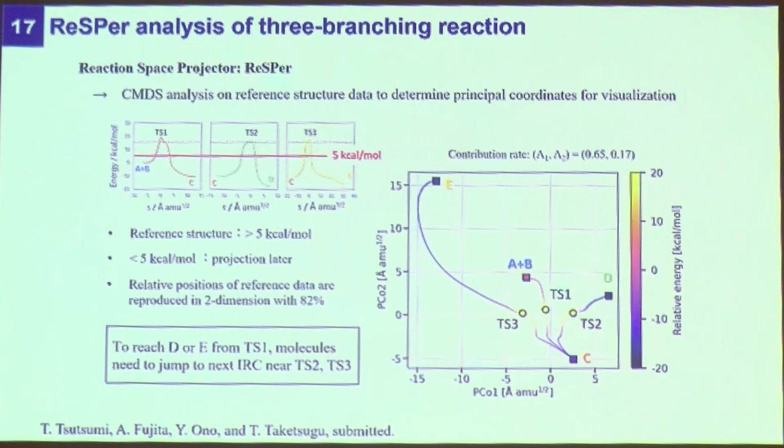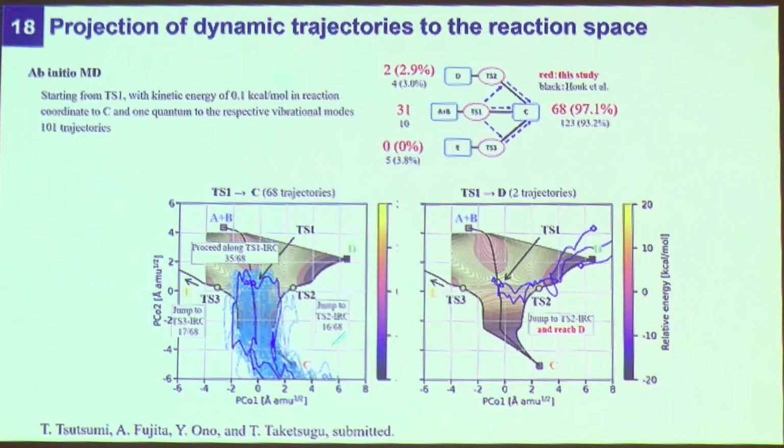So A plus B, TS1, C. And D and E are located like this, on the other side, so not this region. Then now it is easy to understand why the trajectories starting from TS1 mostly reach C, and very minor trajectories go to D and E. So this is the result of trajectories projected on this reaction space.